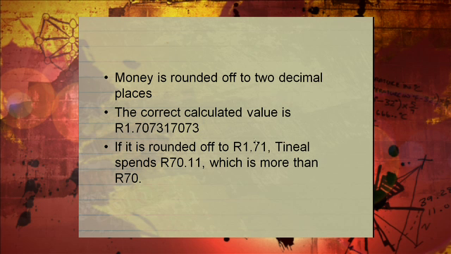But if you go back and do some calculations, if you go like 1.71 times 41, number of apples, surely you'll get 70.11, which is 70 rand 11 cents. This guy doesn't have 11 cents, so she has only 70 rand. Okay, so consider the context when you are rounding off.